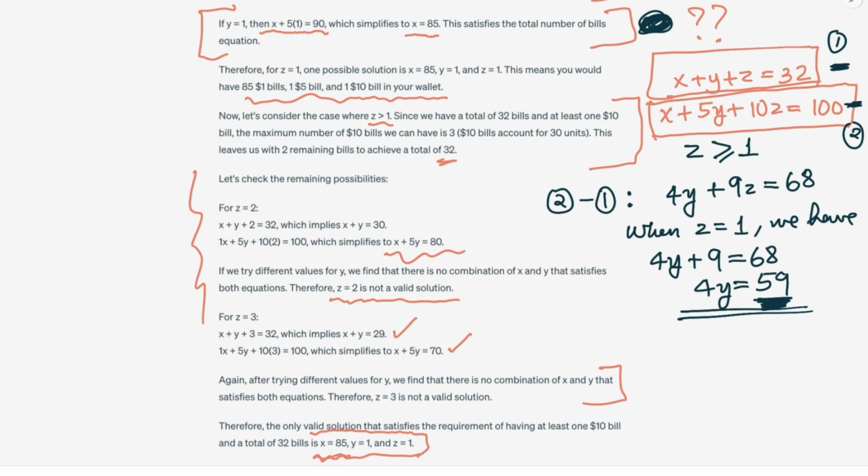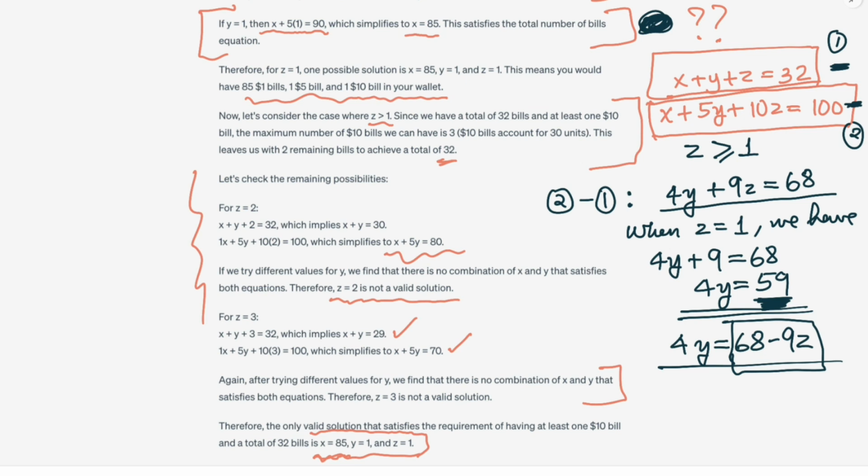So in general, if we realize that from here we have 4y equals 68 minus 9z, to be able to get a value for y, we need whatever is on the right hand side here to be a multiple of 4. So what that tells us is that we need values for z for which 68 minus 9z is a multiple of 4.